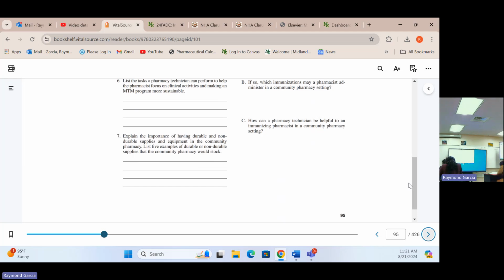Anti-embolism stockings, durable medical equipment such as wheelchairs, hospital beds, and commodes.